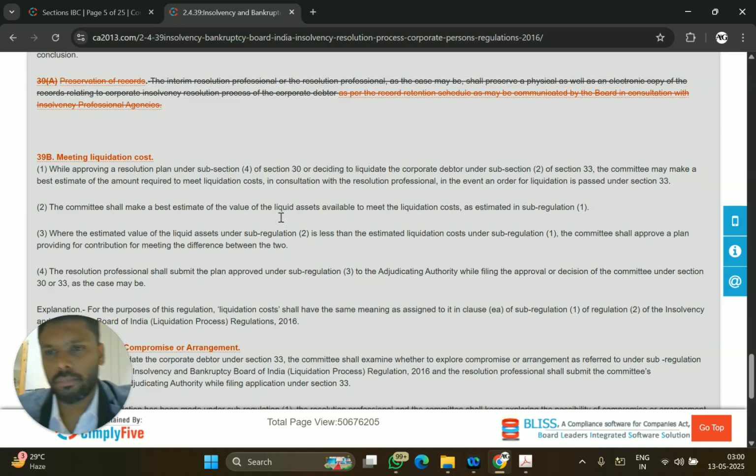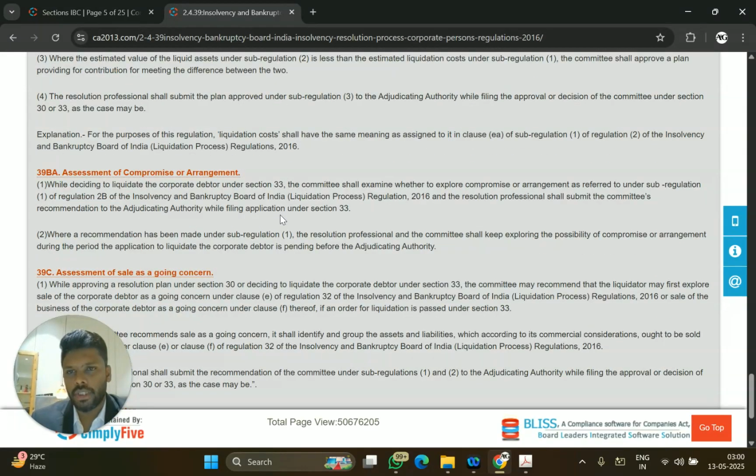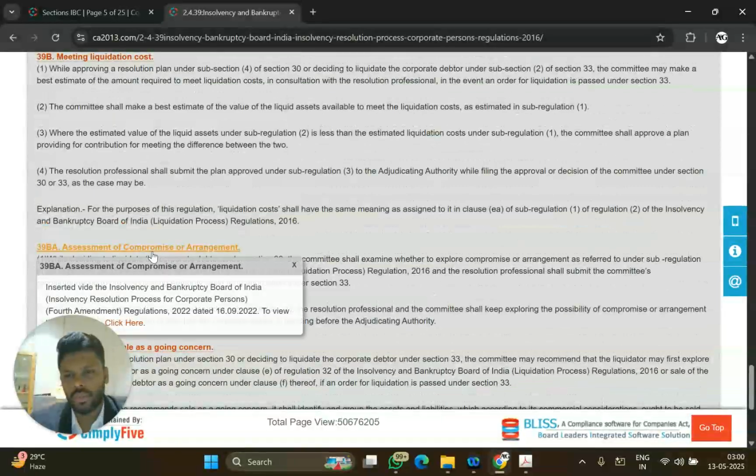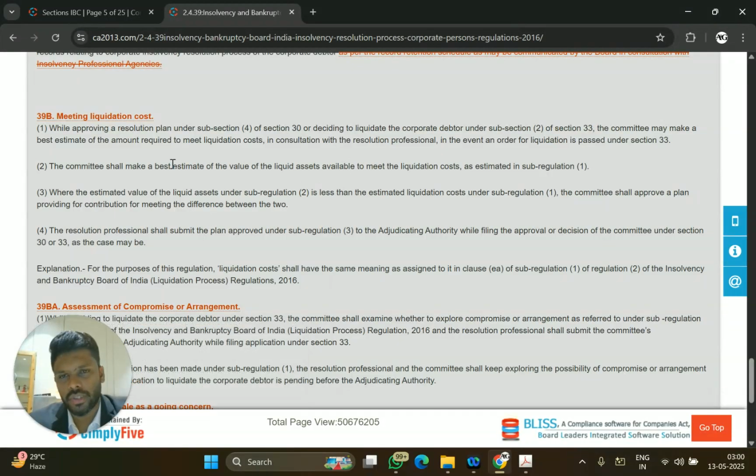Those are 39B, 39BA, 39C and 39D. These are four provisions under which the COC, while deciding liquidation, is also required to take decisions.